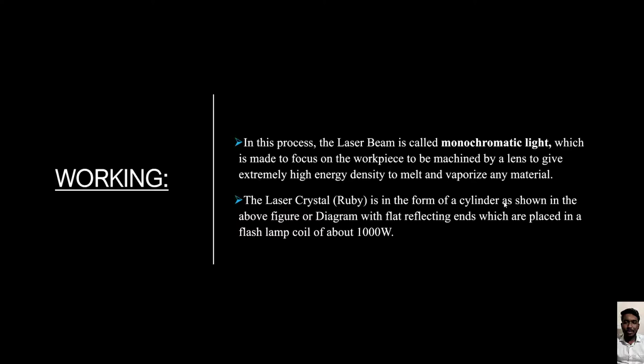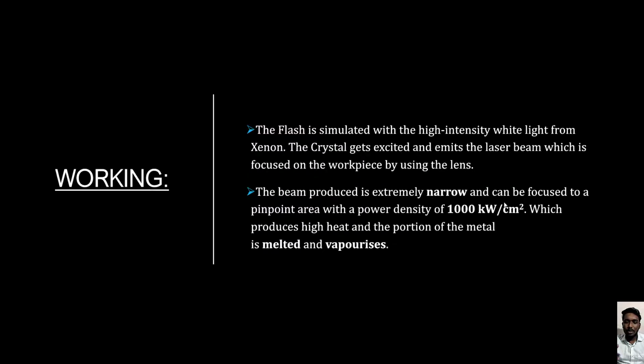The laser crystal, that is the ruby crystal, is cylindrical in shape. The two sides of the ruby crystal are fitted with reflecting mirrors, that is a 100% reflecting mirror and a partially reflecting mirror. Then the coil, that is the flash lamp, is given a high voltage. The flash is stimulated with the help of white light generated from the xenon.